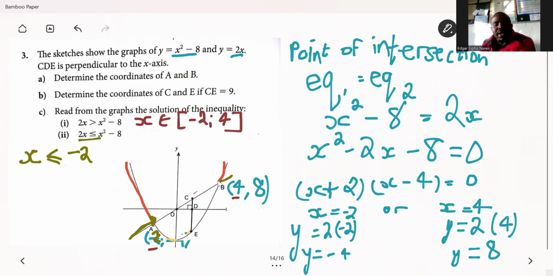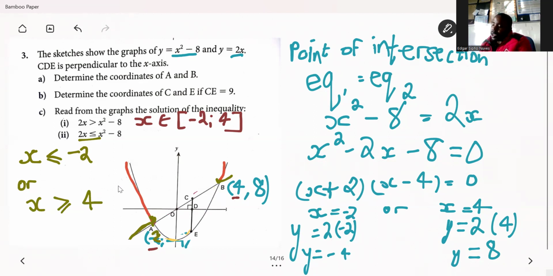Then from B going to the right, the parabola will also always be above the straight line. So x is less than or equal to -2, or x is greater than or equal to 4.